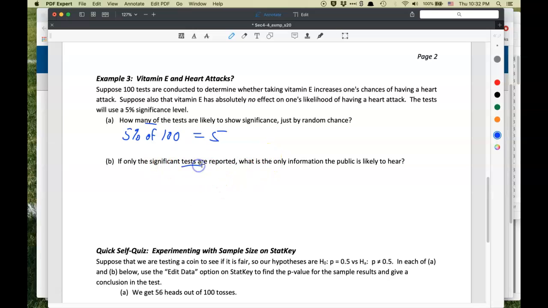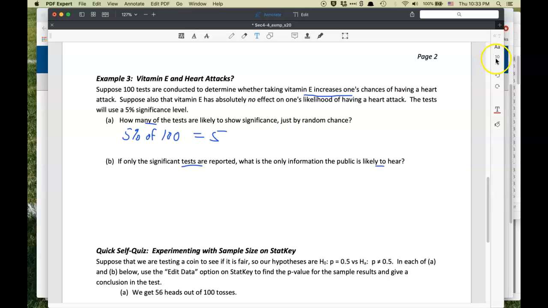If only the significant tests are reported, what is the only information the public is likely to hear? Well, they would only hear the news that vitamin E increases your chance of having a heart attack, and that would not be supported by the data in general. In fact, it might look something like this, right?